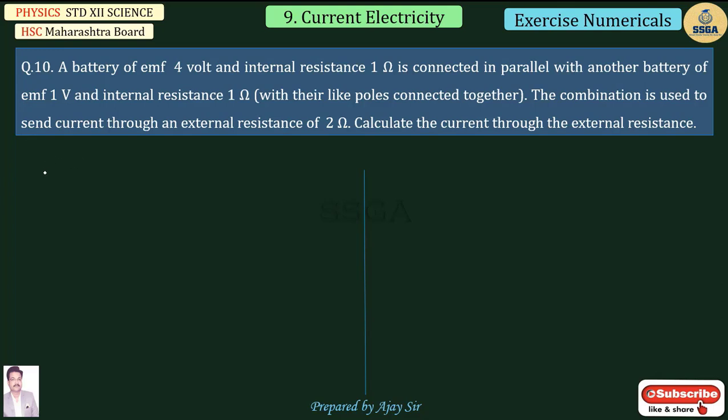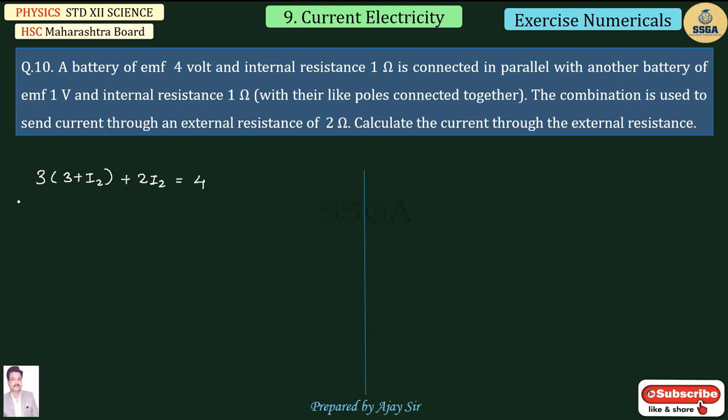Substituting equation 2 in equation 1, we get 3 into I1, and I1 means 3 plus I2, plus 2 I2, which is equal to 4.